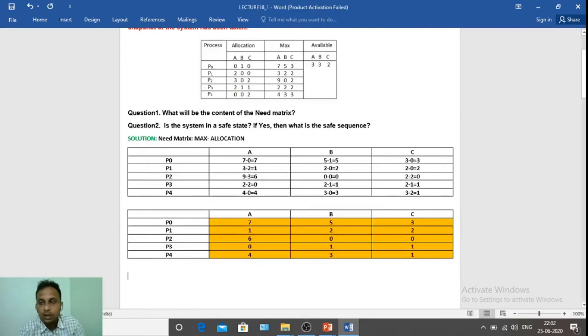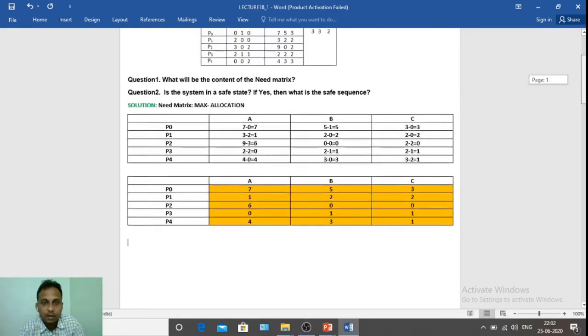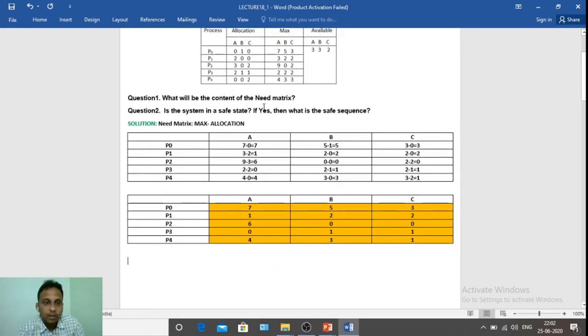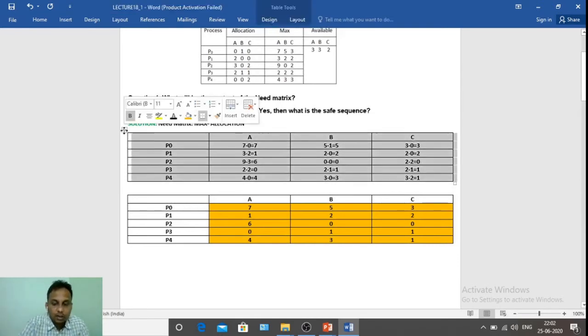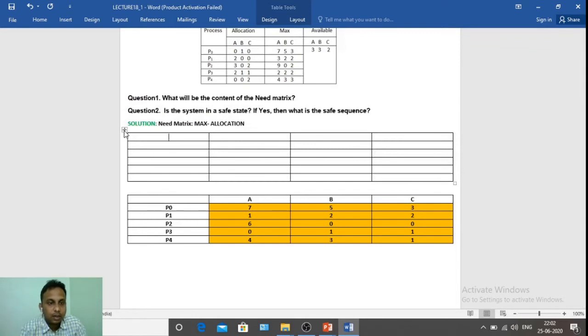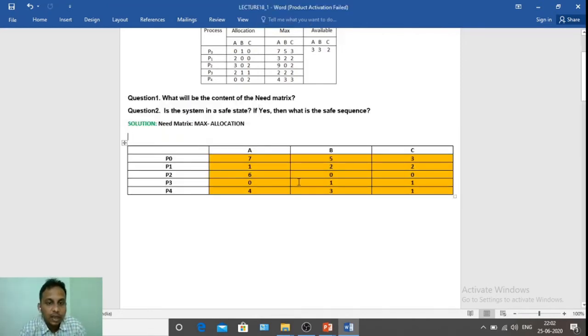So we have redrawn the need matrix, it will help us for doing the sum. As you can see, P0 required 753, P1 required 122, P2 required 600, P3 required 011, P4 required 431. So this is the need matrix. So question number 1 has been solved.